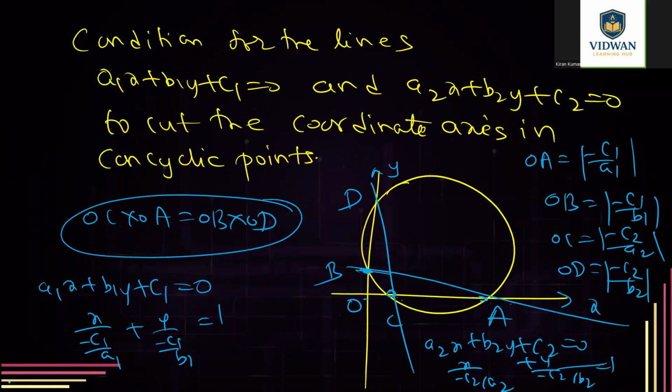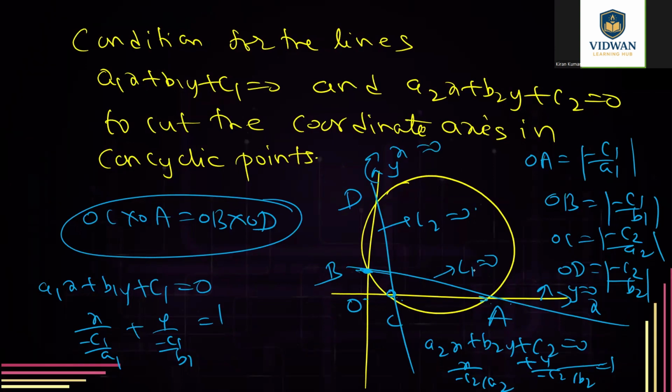Apart from this, what they will do, they'll ask you to find out the equation of the circle. And clearly, if you see what is the circle, basically it's a circle circumscribing 4 lines. 2 of the lines are these two. That is, this is L1, this is L2 equal to 0. What are the other 2 lines through which the circle is intersecting? X-axis and Y-axis. So this X-axis is Y equal to 0 and Y-axis is X equal to 0. So there are 4 lines through which the circle is circumscribed.